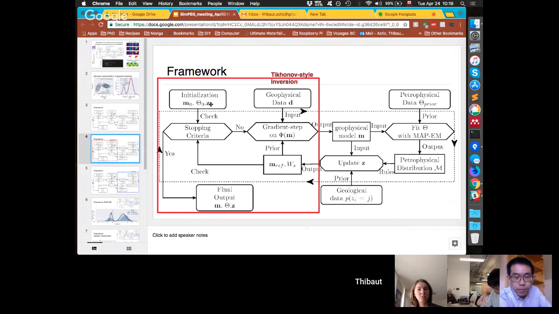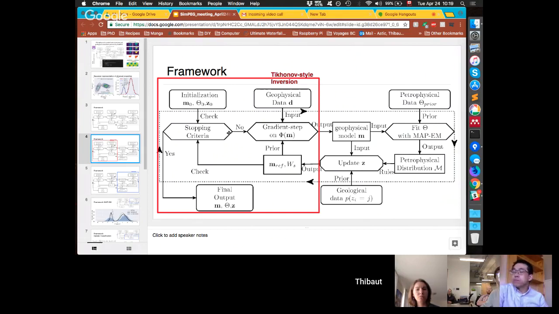And Z naught is my membership, the variable telling which cell belongs to which rock unit. In a normal inversion we usually start from a half space, so Z naught will just be background everywhere, and we're not going to change it.